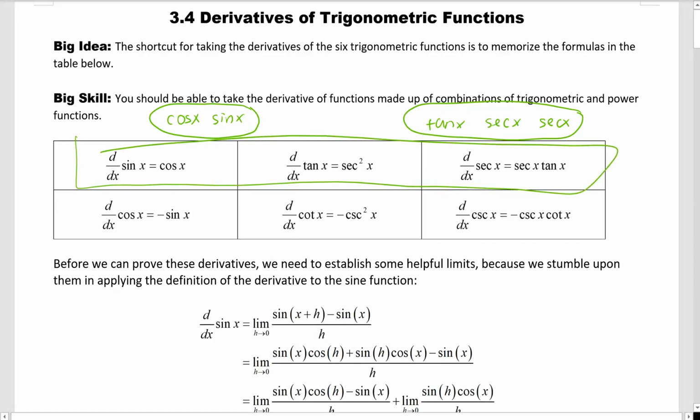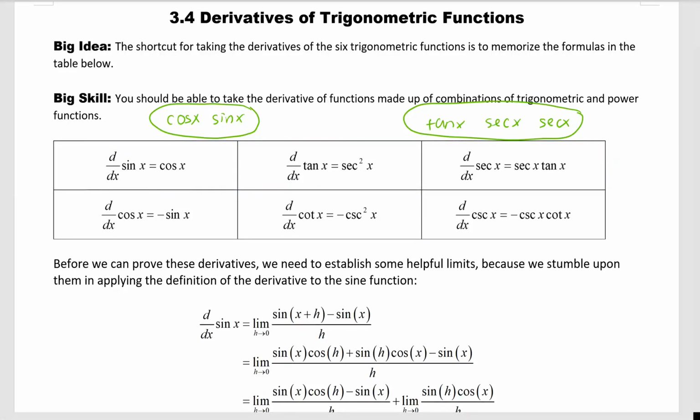Right? So this trick can help us memorize the top row. The top 3, we can use this trick to memorize. And as long as you memorize the top row, the bottom row is so easy. The bottom row is just minus co of whatever is on top. So you can think of, oh, this is negative co. You can think of cosine as being like sine, it's like 2 negatives make a positive.